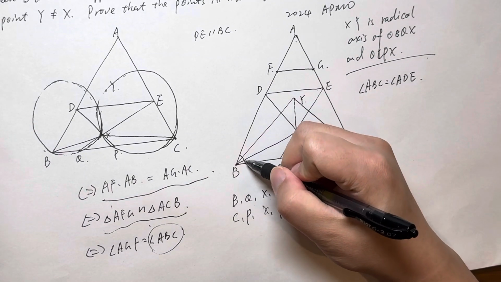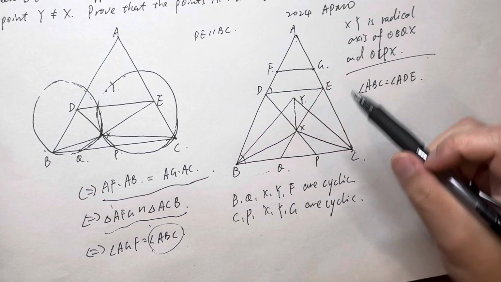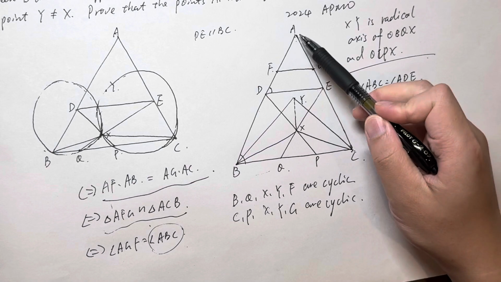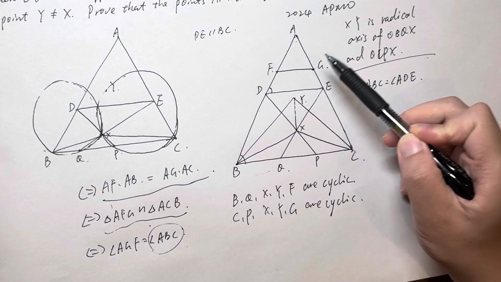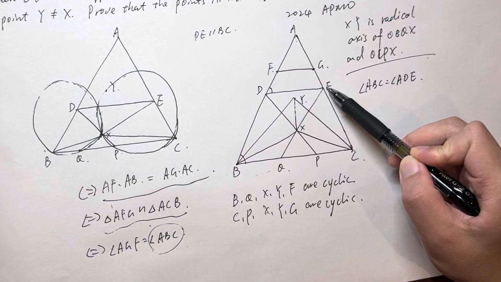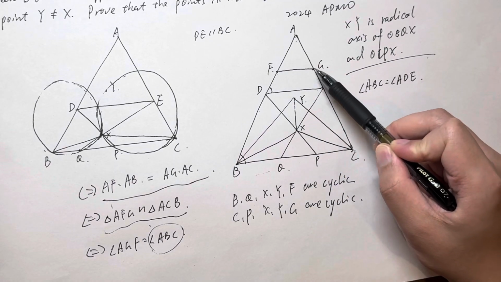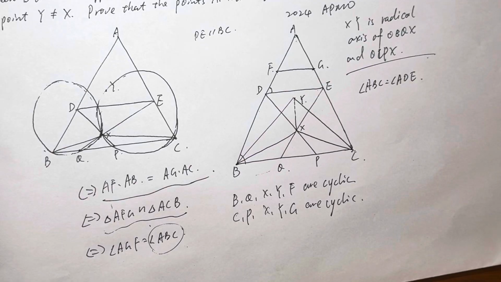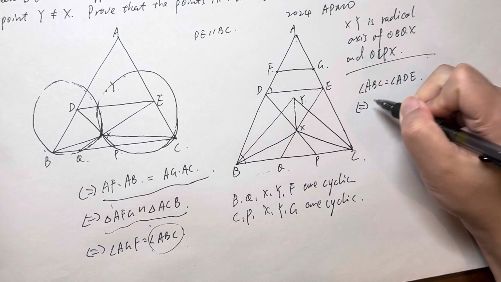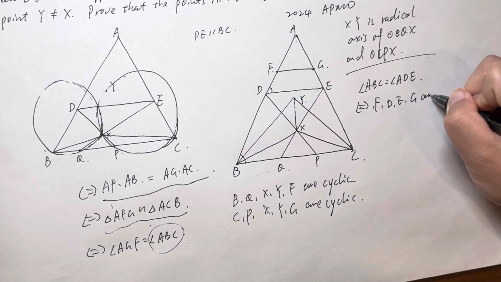Basically we want to prove that angle AGF equals angle ADE, which means we want to prove that FDEG are cyclic.